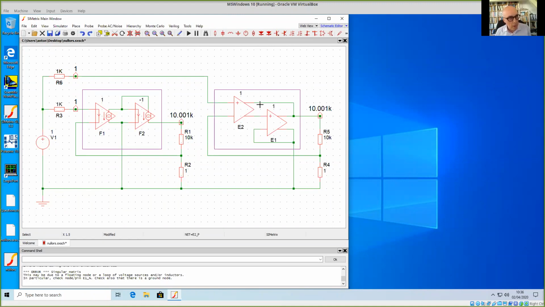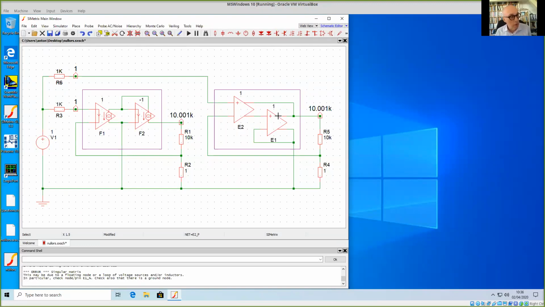And here I put the output of another voltage controlled voltage source, of which the input then is the nullator. So I have a gain of 1 here, 1 volt here, input source impedance 1K, and you see I connected to the input, so let's say this is a voltage feedback amplifier. This is 10K and 1 ohm, so the amplification is 10,001, and you see exactly 10.001K here. So it's a perfect number, this one.